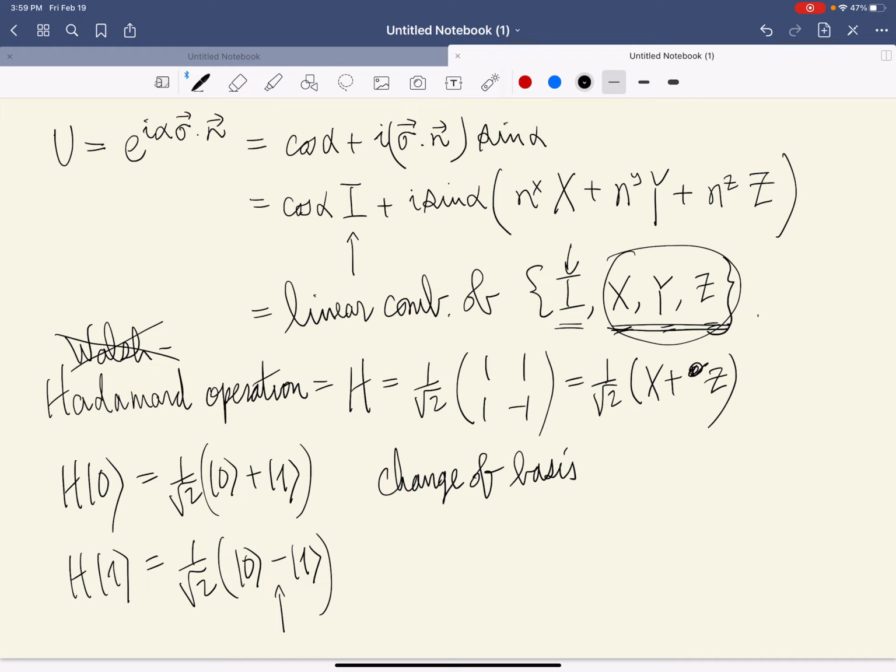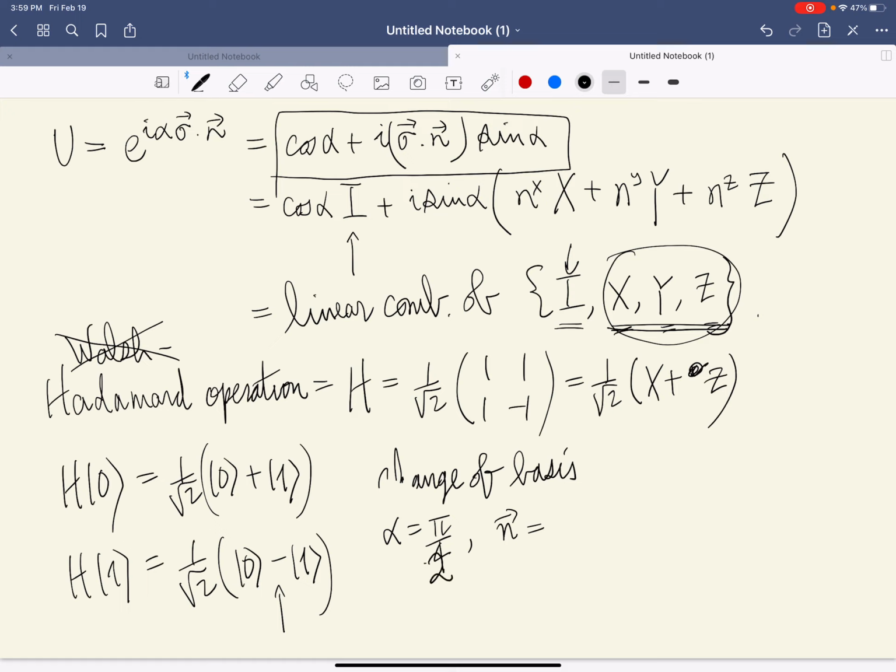Okay, and in fact, out of this general thing, you can choose alpha. You can choose alpha to be quarter of pi, and then let's see, and then n would be.